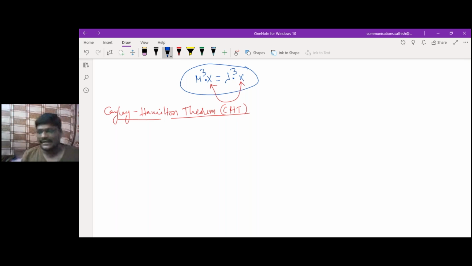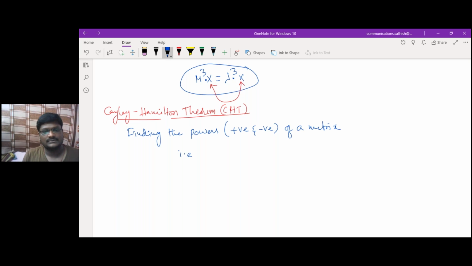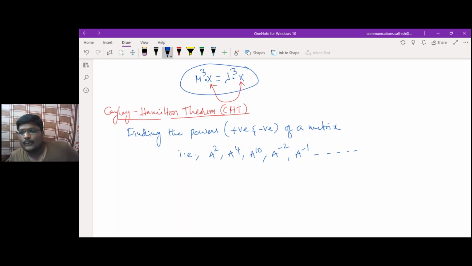Why it is required: it is used for finding the powers of a matrix, both positive and negative powers, like A squared, A power 4, A power 10, then A power minus 2, A power minus 1, and so on. This is the most peculiar application of the Cayley-Hamilton theorem.